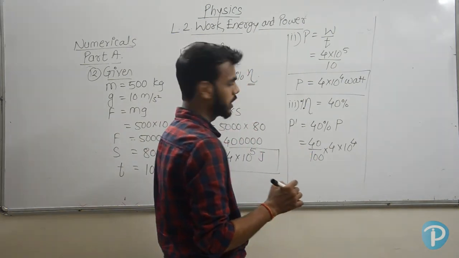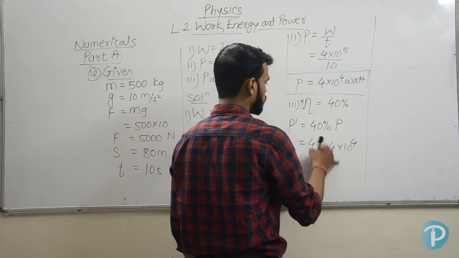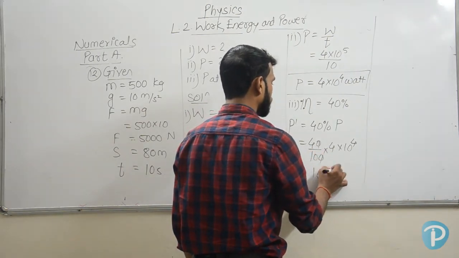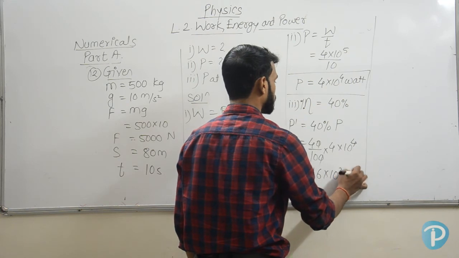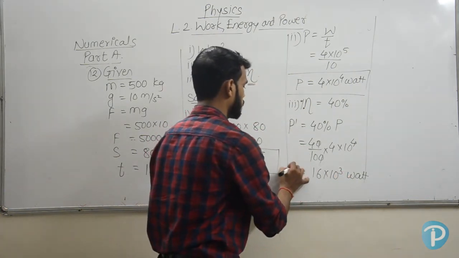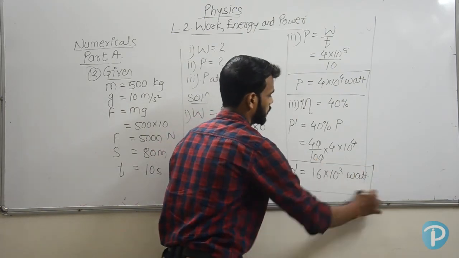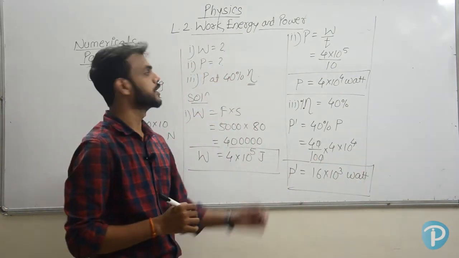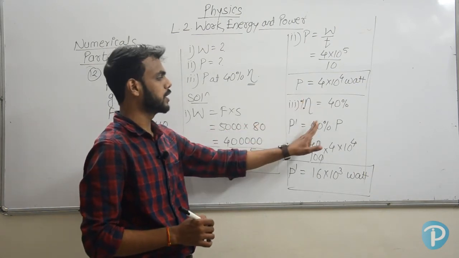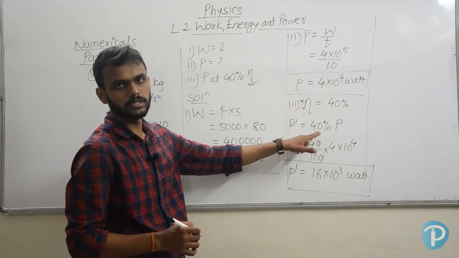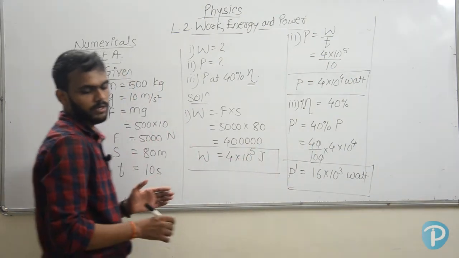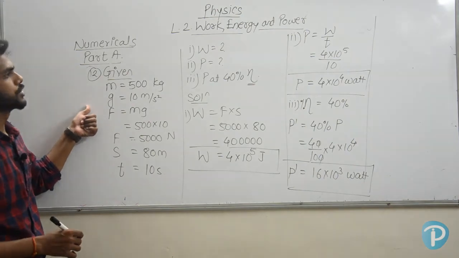In this way we calculate this. This 0 is cancelled. So we have 4 4s are 16 into 10 raised to 3 watt. This is the power that can be generated at 40% efficiency. So in this way we have completed question number 12.